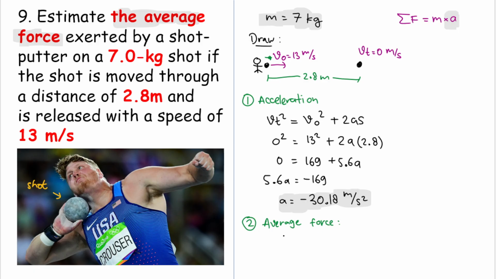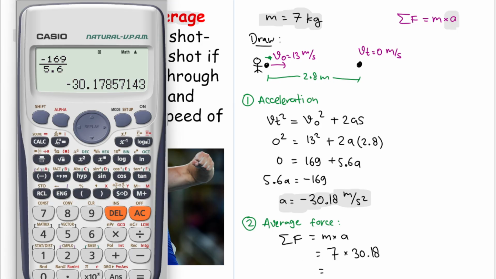So sigma F is equal to the mass times acceleration. Our mass here will be 7 kilograms and the acceleration will be 30.18. So the average force is 7 times 30.18.